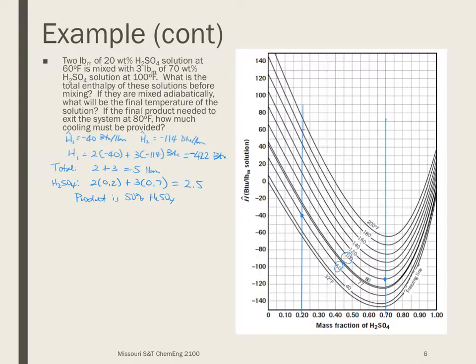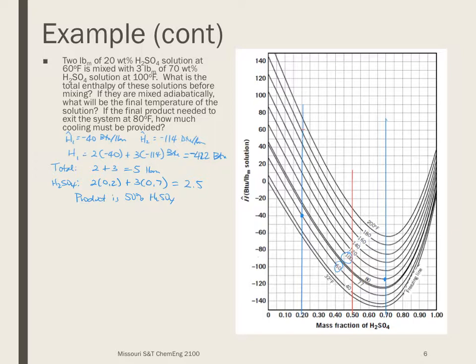I know that, but then they've asked me a couple of different things about this. I can work the problem making a couple of different types of assumptions. So they first ask, if they mix it adiabatically, what's going to be the final temperature of the solution?